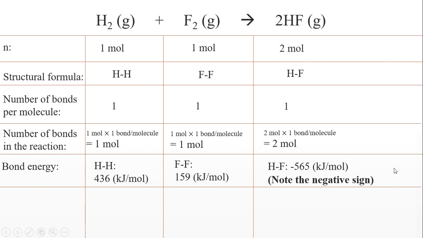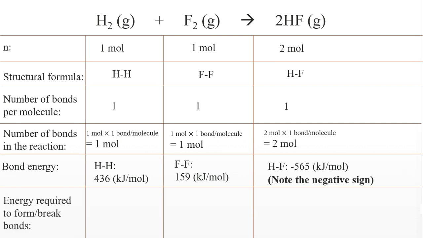Remember that here we need to change the sign of the energy because energy is released when these bonds are formed. This amount of energy released equals the amount it would take to break them, but we just change the sign. So it's a negative sign for the newly formed bonds instead.